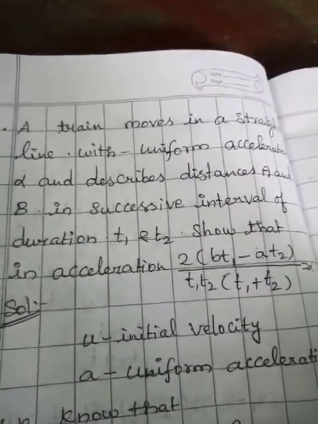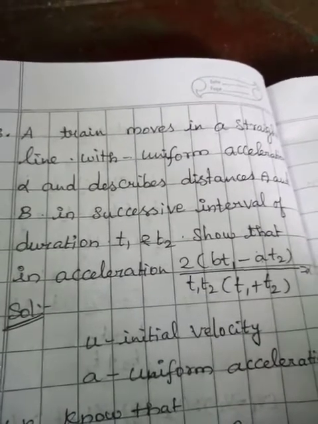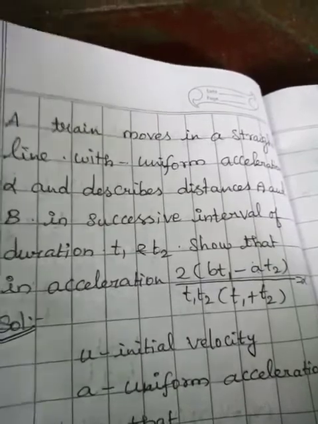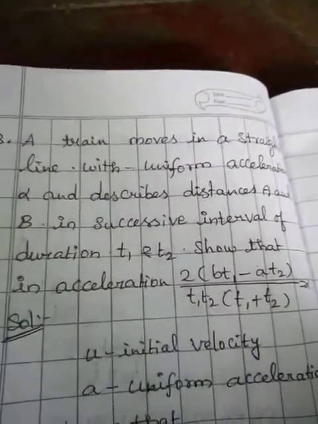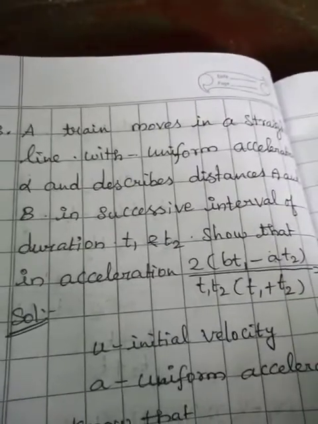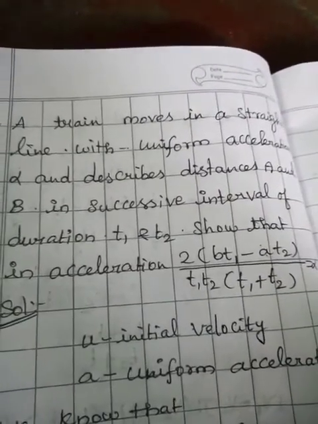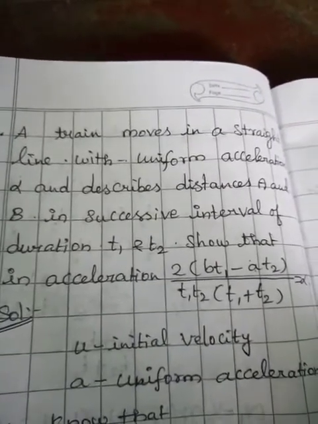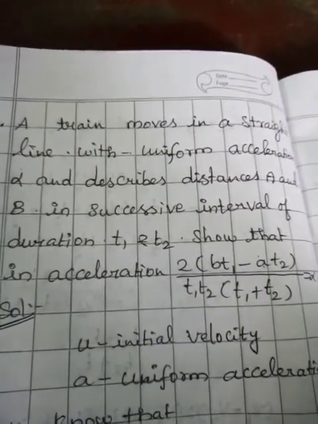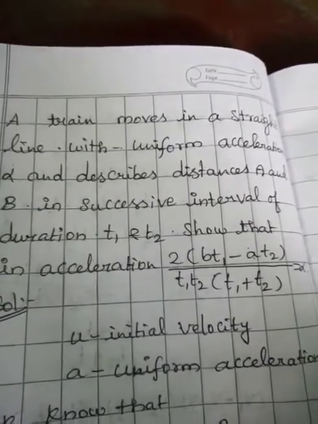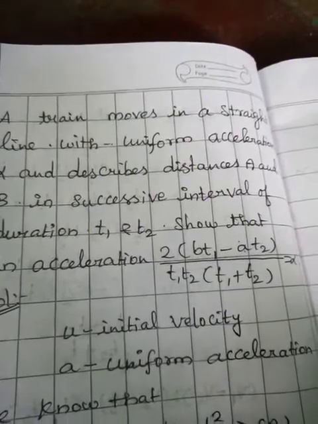Next, we continue the online class. B.Sc Maths, third year. Subject is Dynamics. Third sum. A train moves in a straight line with uniform acceleration in successive intervals of duration t1 and t2.